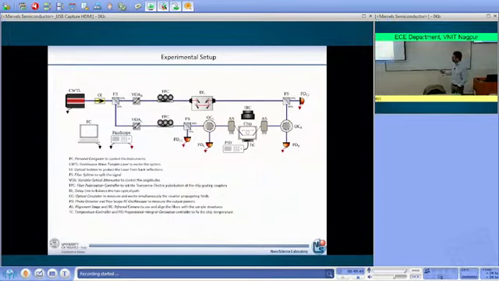So we place our chip on a thermostat. We have a Peltier cell there that controls and stabilizes the temperature of the chip. And then here you have all the optics needed to control the input and the output optical signal from the microring resonator.